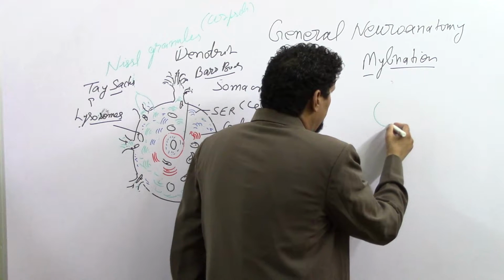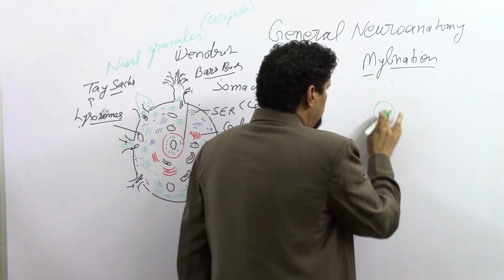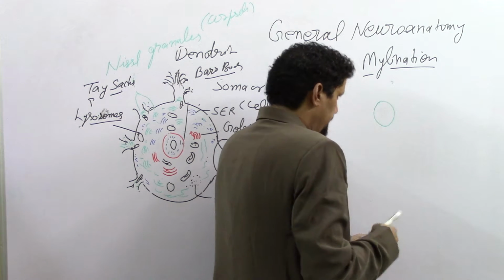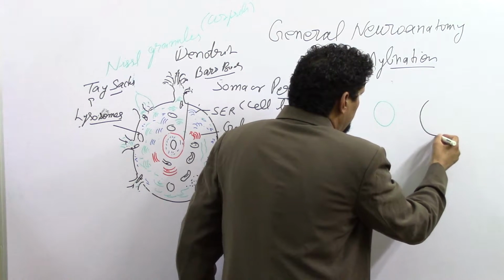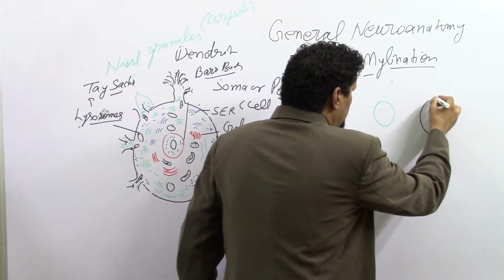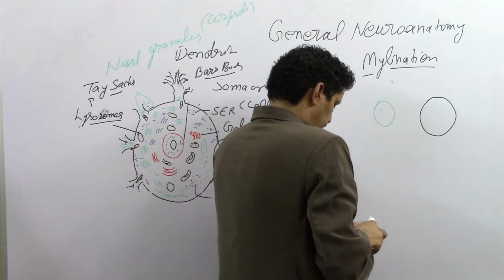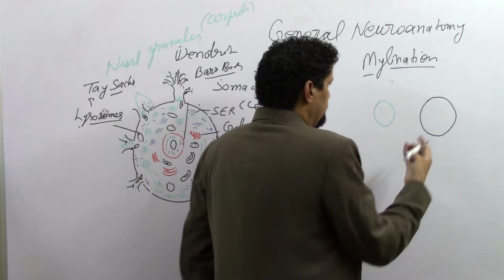Here is the axon, and here is the Schwann cell. Initially, these are two different cells.